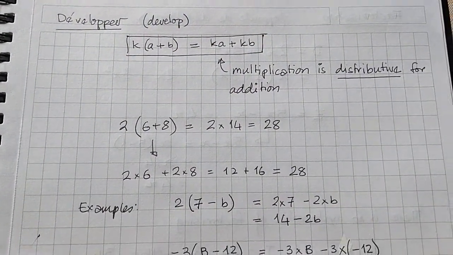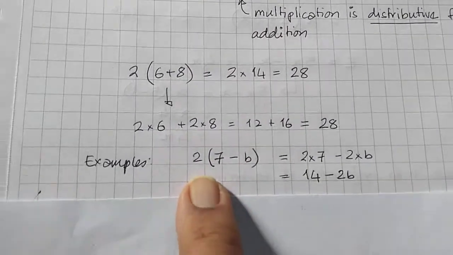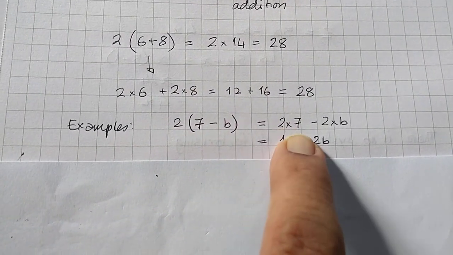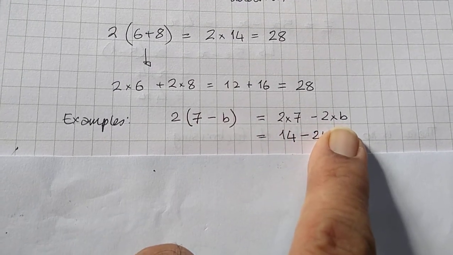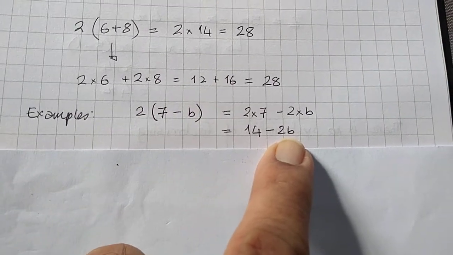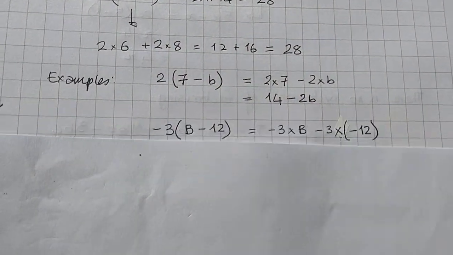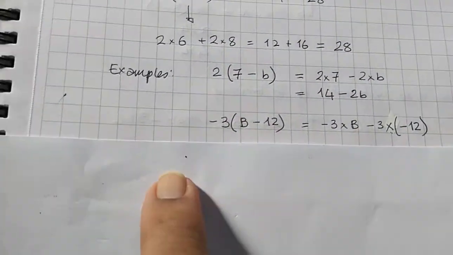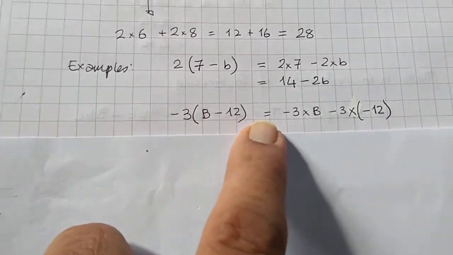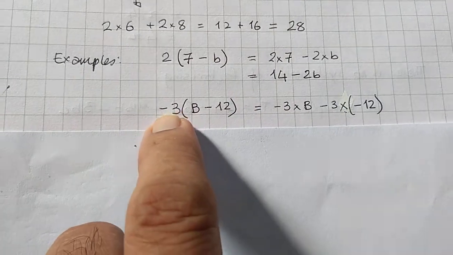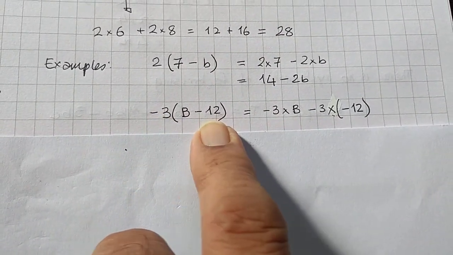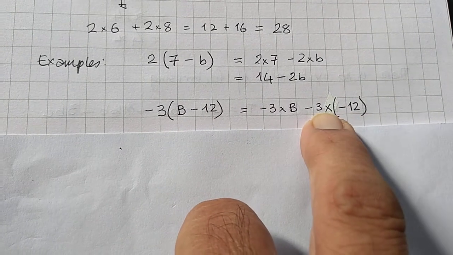Okay, so let's take a few examples. If I say 2 into 7 minus b, what will it be? It will be 2 into 7 minus 2 into b, which we will write as 14 minus 2b. Let's take another example. Minus 3 into b minus 12 will equal minus 3 into b, then minus 3 into minus 12.